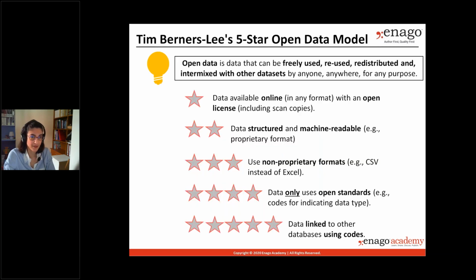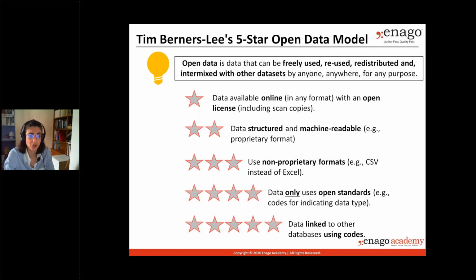Tim Berners-Lee's 5-star open data model can help us appreciate the different ways that open data can be made available. If we were to give a definition, open data is data that can be freely used, reused, redistributed, and intermixed with other databases by anyone, anywhere, for any purpose.